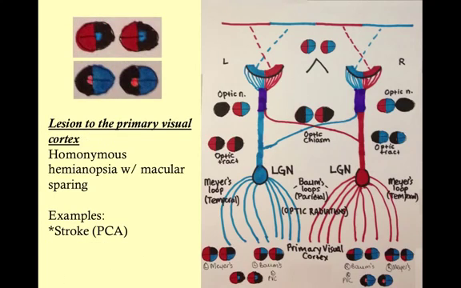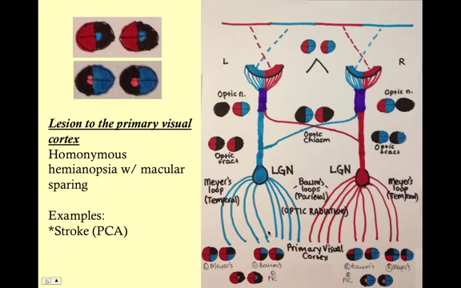Now, if you have damage to your primary visual cortex, that's also going to cause homonymous hemianopsia, because just like damage to the optic tract, you're causing damage to all these neurons that the optic tract contained. So if you have an optic tract lesion, you're going to get homonymous hemianopsia, and if you get a primary visual cortex lesion, you're going to have homonymous hemianopsia, because all of these nerves were once part of this optic tract.